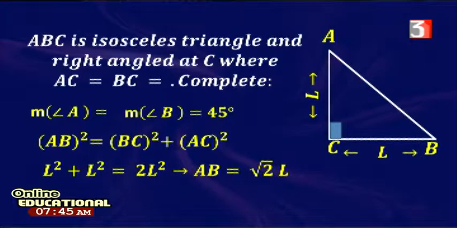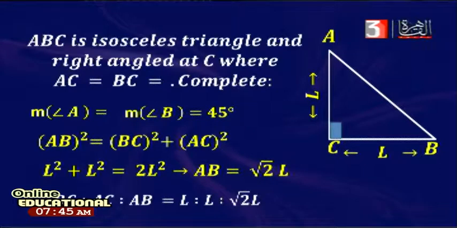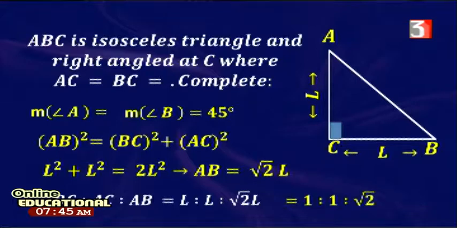By taking the square root of both sides of the equation, you find that AB equals root 2 L. Now, to find the ratio between BC, AC, and AB, it is a ratio between L, L, and root 2 L. By dividing this ratio by L for all its parts, you obtain 1, 1, root 2.